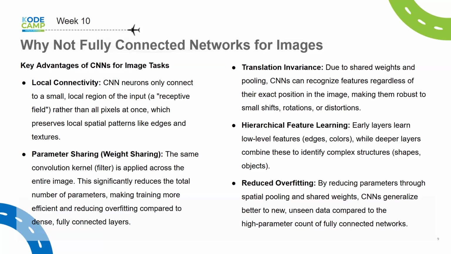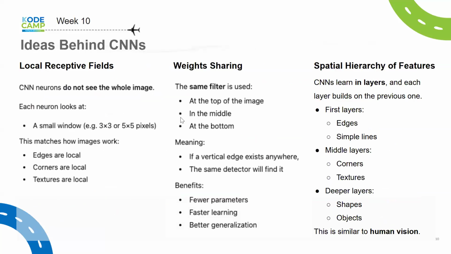So when you have trained your model, it becomes much better for use in other applications, right? And they're able to predict unseen data much better, because of less parameter count, they overfit less.